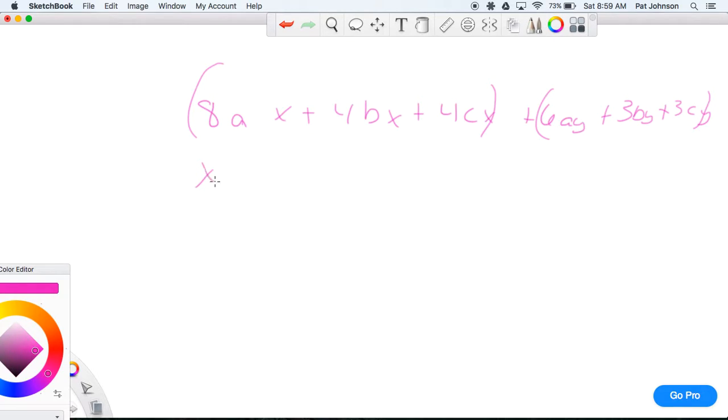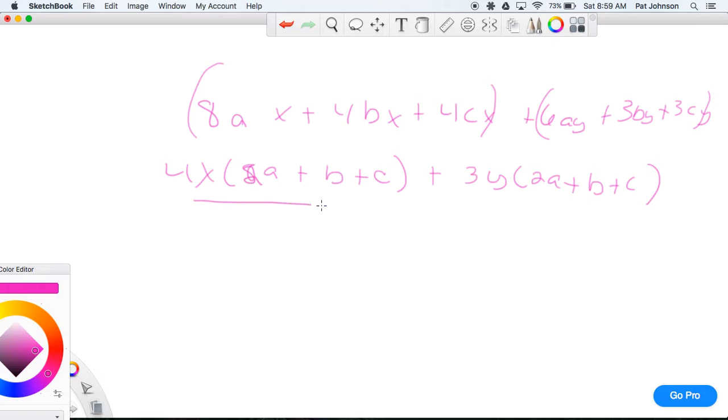I'm going to factor out an x, and I'm left with 8a. Actually, I can factor out a 4, so I'm left with 2a plus b plus c. Here, I can factor out a 3y, so I'm left with 2a plus b plus c.